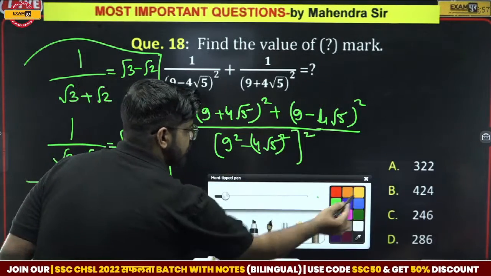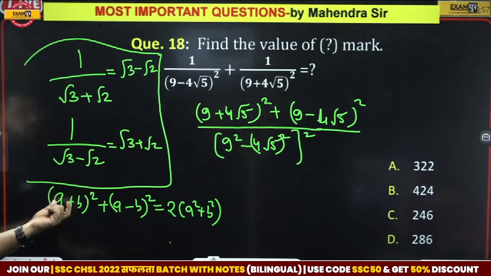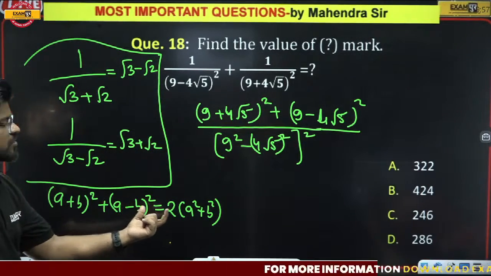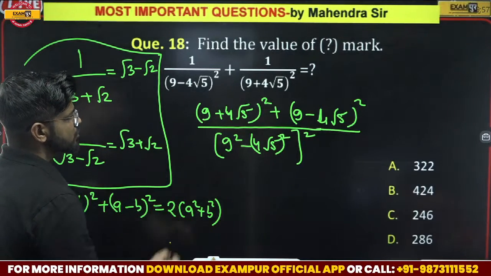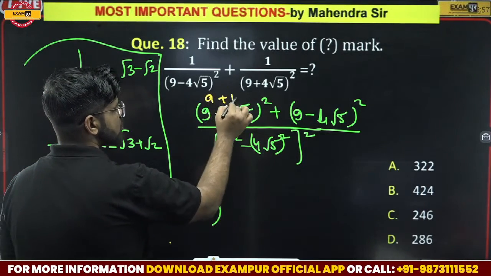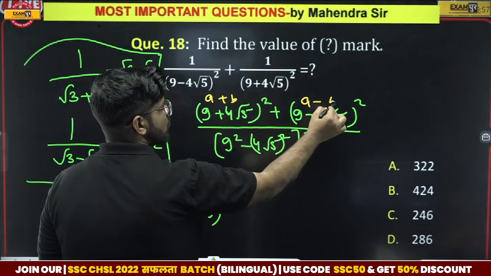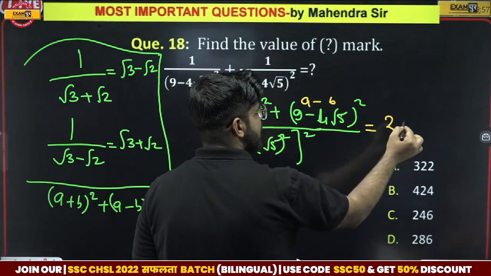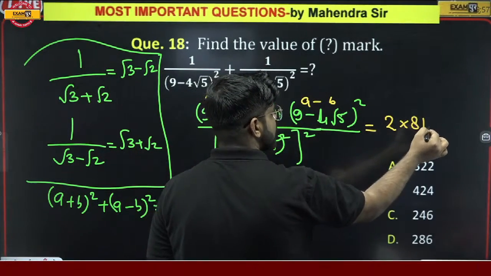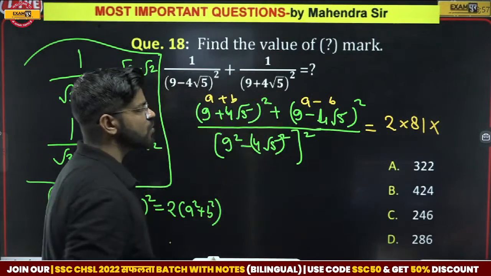So what is the formula? A plus b whole square plus a minus b whole square is equal to 2 times a square plus b square. So this should be equal to 2 times a square, that means 81, plus b square. What is b square?